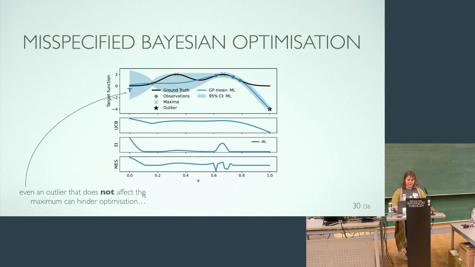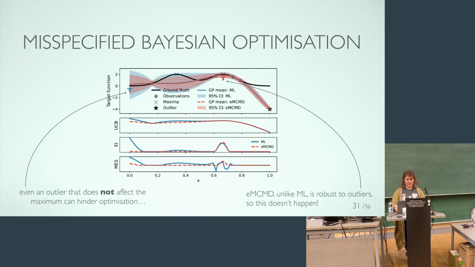So even though the outlier does not affect the location of the maximum, for a set of acquisition functions, we are now more likely to look in this unpromising region, really just because the confidence of the model there is so low, it wants to go and explore over here. So this is the kind of scenario that we would like to avoid and want to see if it can be avoided by using EMCMD instead of maximum likelihood.